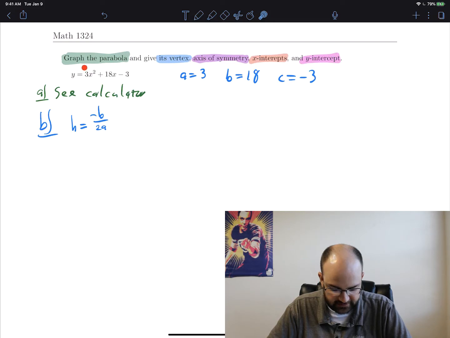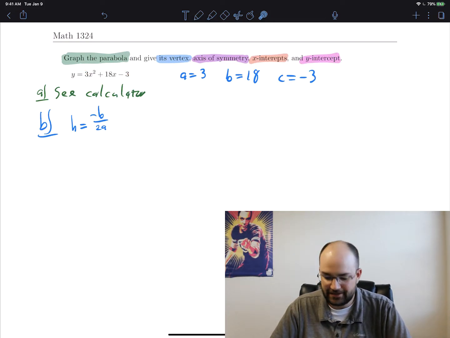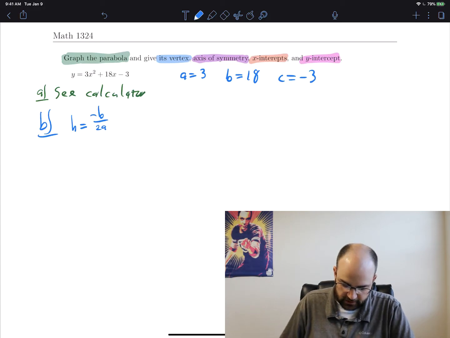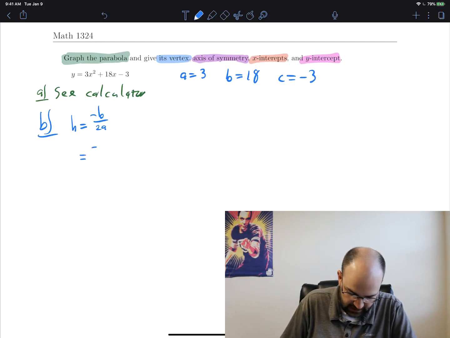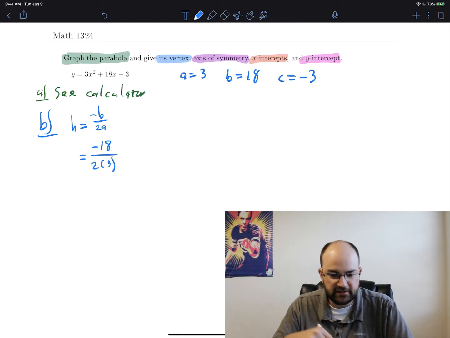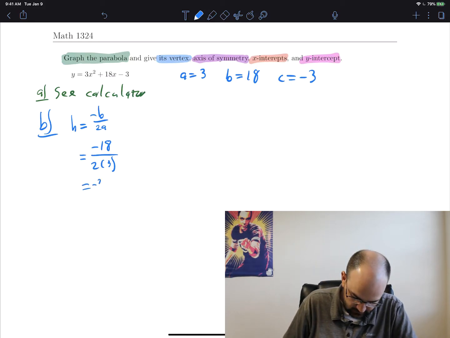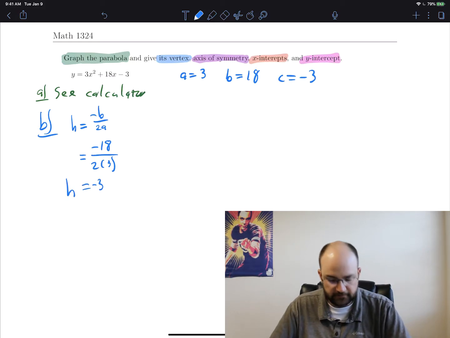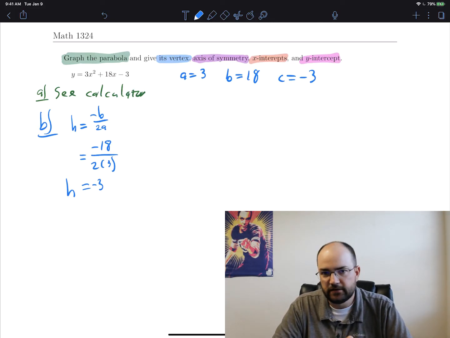A is the number in front of x squared, b is the number in front of x, and c is always this constant at the end. So plugging this stuff in, that gives me negative 18 over 2 times 3. Now 2 times 3 is just 6, so negative 18 over 6 is negative 3. That means that the x-coordinate of the vertex is negative 3.